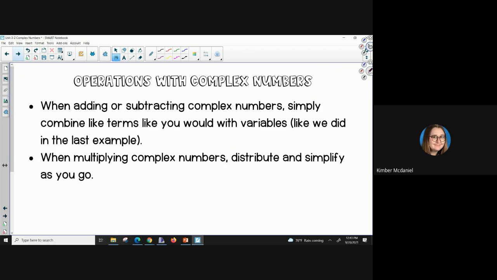When multiplying complex numbers, you distribute first and then simplify as you go. So again, you're treating i as if it is a variable, but we have to remember that it's not. The key difference is that if you see i squared, i to the third, or i to the fourth, you need to recognize, oh, I need to replace that with what it is.